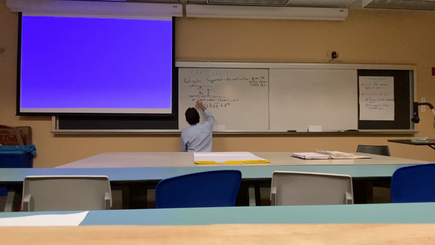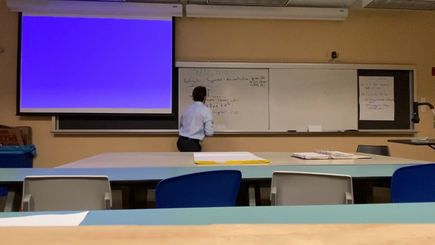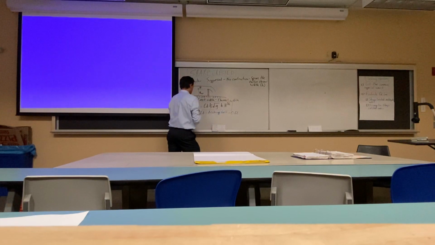So Q is our flow rate. CD is our discharge coefficient, and that's approximately 0.62. I forgot something here.